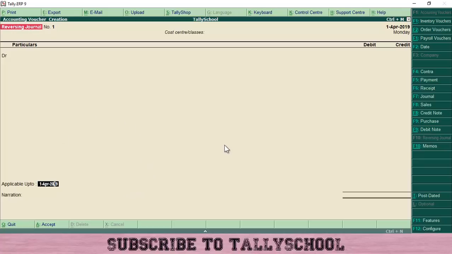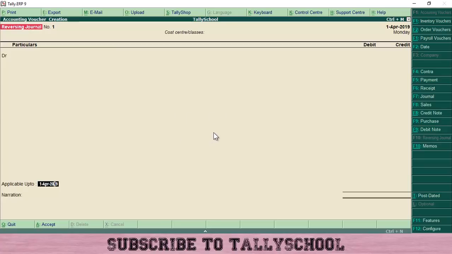The most important point of reversing journal is that you can actually see the reports of what is going to happen 6 months or a year after. Whether you will be receiving money or not, that is a different point. But what if you receive money right now, what will your business look like?